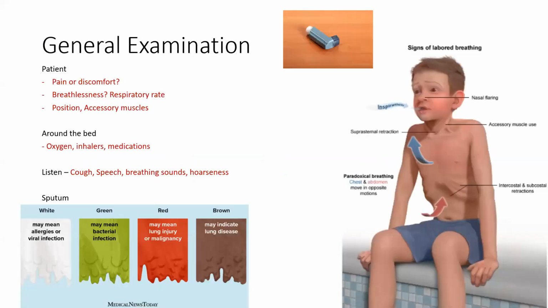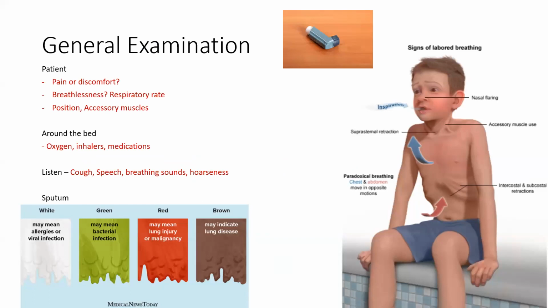If you want to do a small general examination, you can learn a lot about a patient by just looking at them from a distance. You can get a rough idea about how unwell they are, and whether they're in any pain or discomfort. Generally, for a respiratory examination, you want them exposed from the belly up so you can get a good look at their chest, and lying down on the bed at about 45 degrees, so they're not completely flat, but a little bit upright.